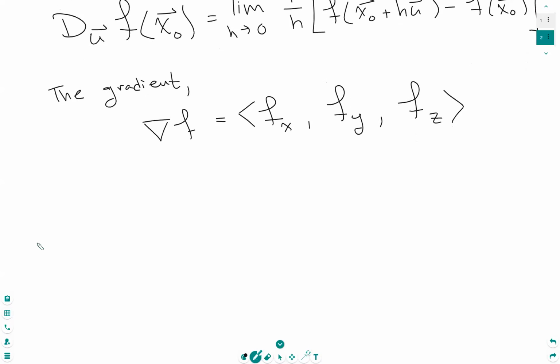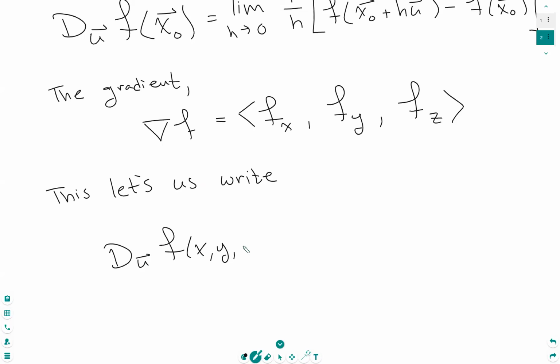This lets us write that the directional derivative in the u direction of our function of x, y, and z is equal to the gradient of f of x, y, and z, and we're dotting this with the u vector.